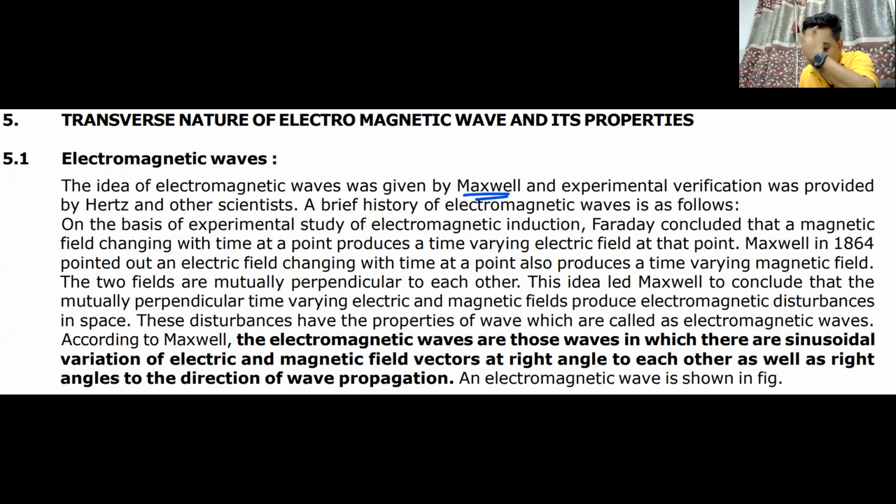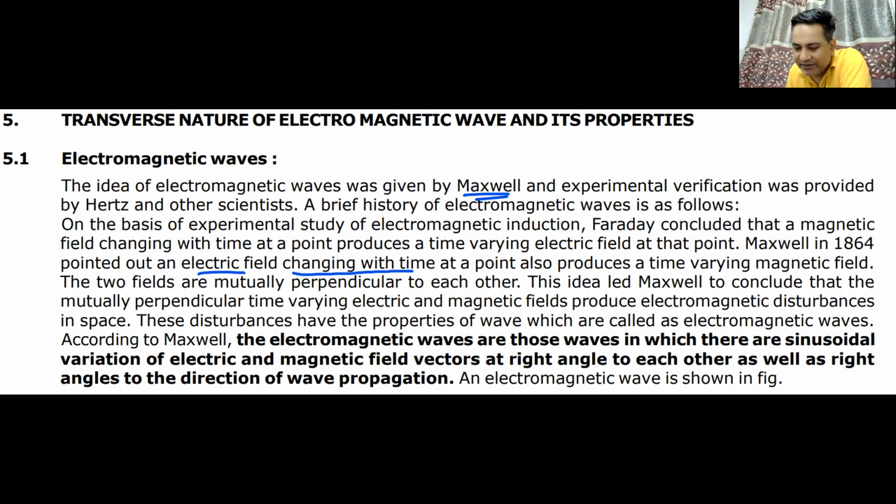We will be hearing more about Maxwell in this chapter, because this chapter is all about Maxwell and what Maxwell did. Basically, we don't have to go through the entire theory. The EM wave consists of an electric field which is changing with time.